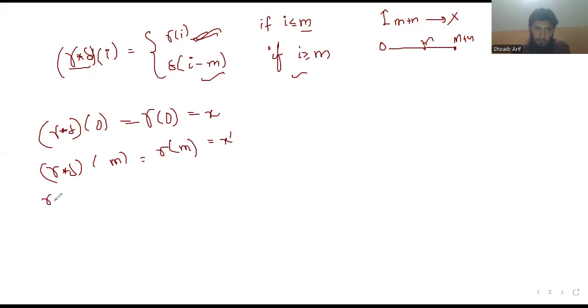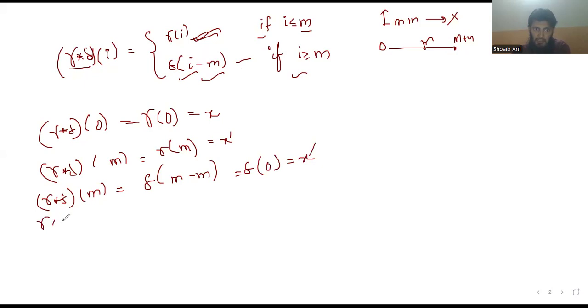If we substitute m again, we will lie in this part, because m is included here, also here. So m minus m, sigma of 0, we will get x prime. Again, we will substitute the last point.